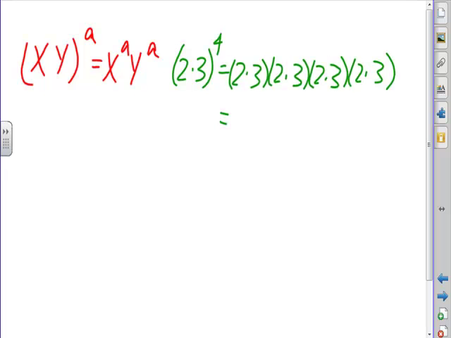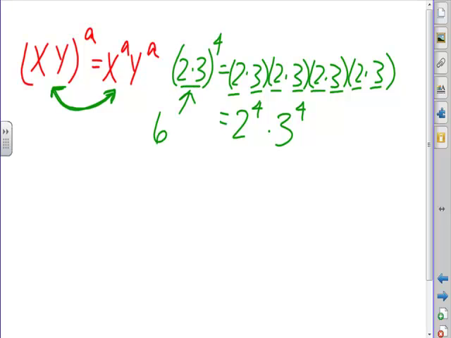And really, it's a 2 getting multiplied 4 times and a 3 getting multiplied by itself 4 times. So a lot of times, sometimes we get it served up in one direction and we take it the other way because it's easier to solve. Now in this particular case, hopefully you'd realize that taking 2 times 3, which is 6, to the 4th will be easier to get to that answer.